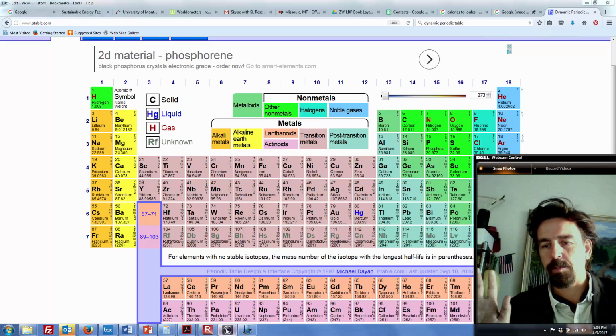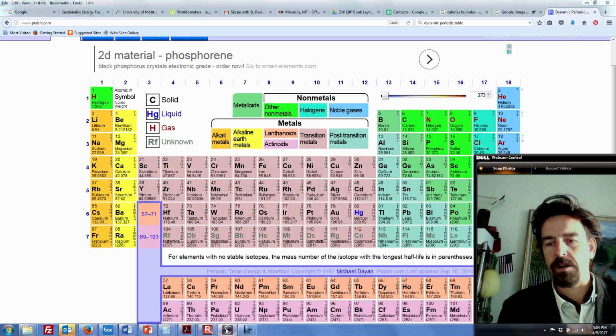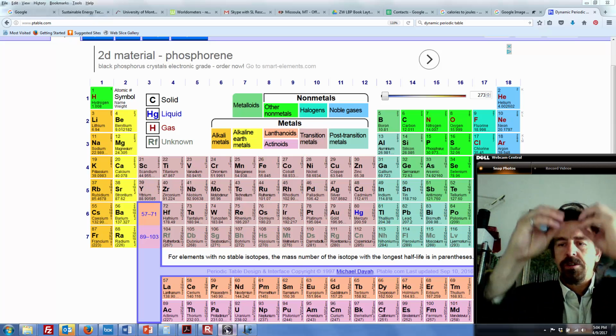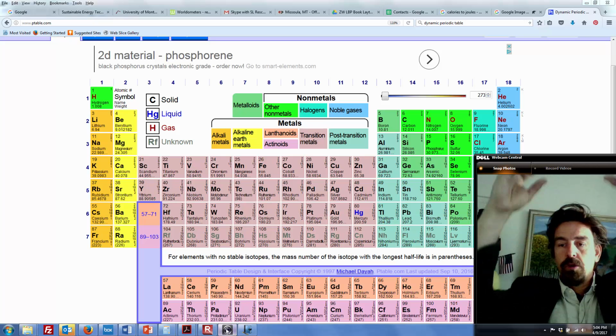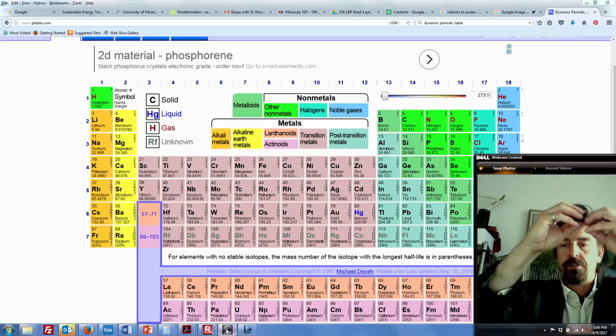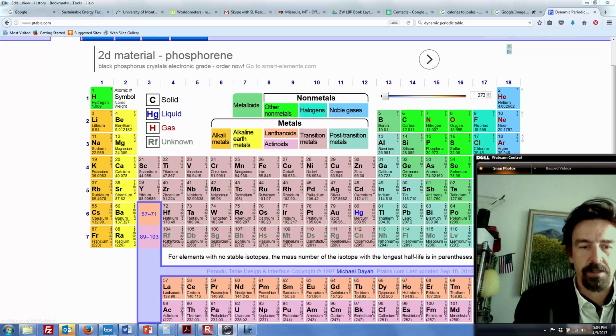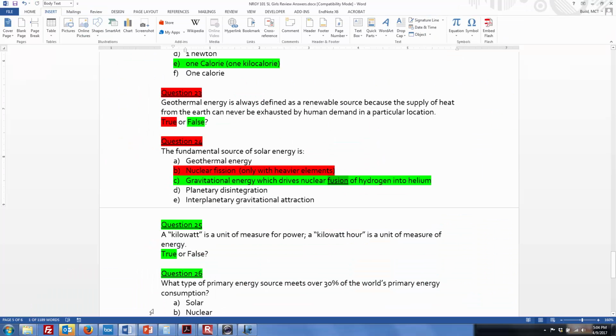Iron, Fe, is very special because you get fusion, fusion, fusion up to iron, or you get fission, fission, fission down to iron. Okay, that's a good lesson to know. Whew, there's a lot in here. Okay, we are just moving along.